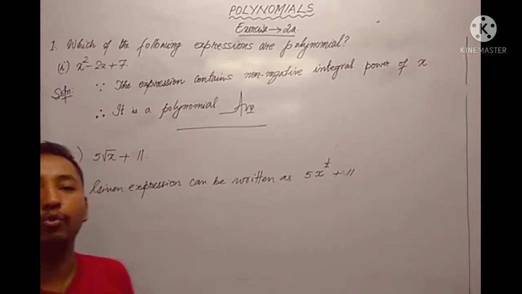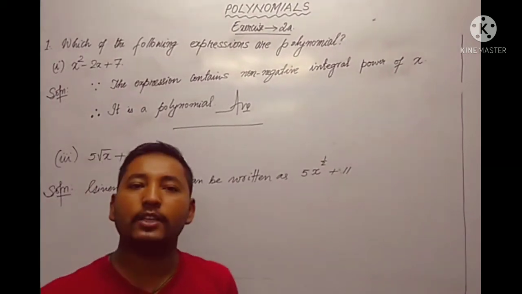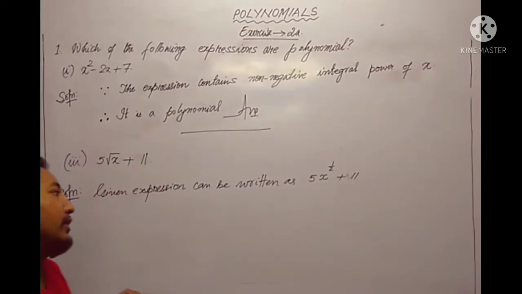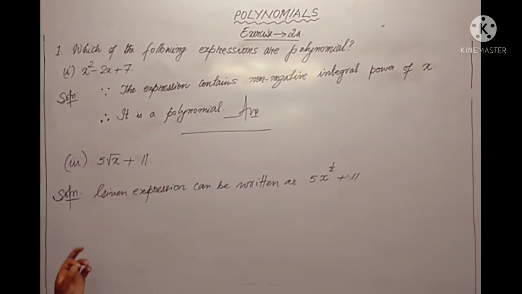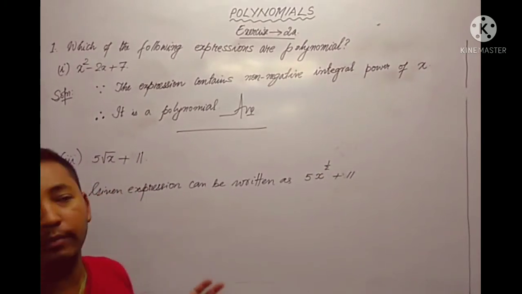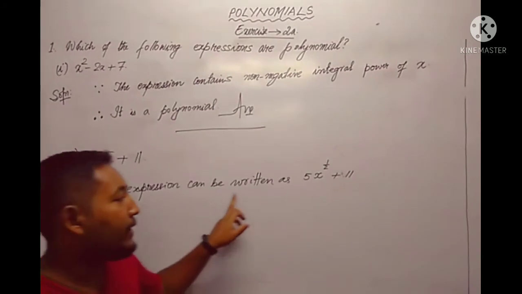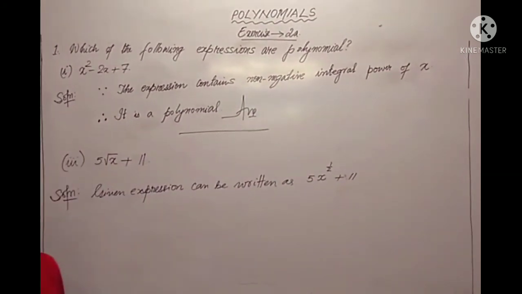If you remove the square root, and if you remove the cube root, it becomes to the power 1 by 3. This small thing has to be kept in mind. These are very, very important, and if you do not keep these small things in mind, we make mistakes, and when we make mistakes, the answer is wrong. So the given expression can be written this way.